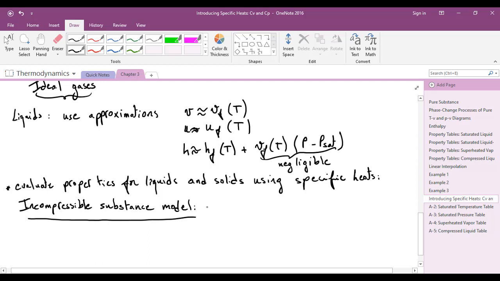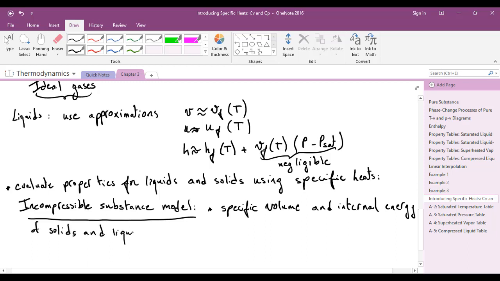So the incompressible substance model says that the specific volume and internal energy of solids and liquids vary very slightly with respect to pressure.